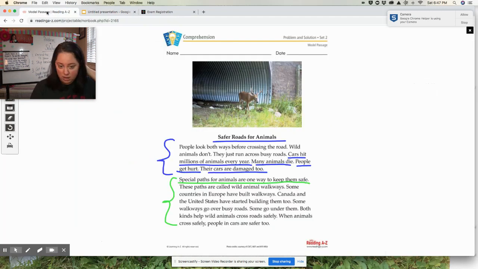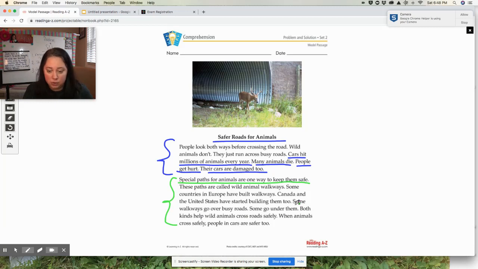These paths are called wild animal walkways. Some countries in Europe have built walkways. Canada and the United States have started building them too. Some walkways go over busy roads. Some go under them. Both kinds help wild animals cross roads safely.